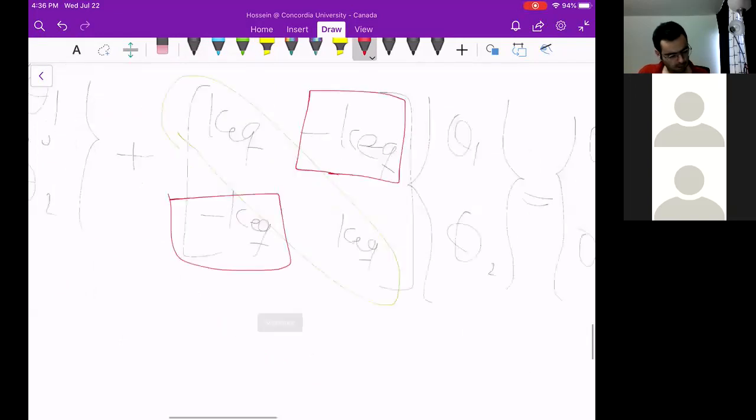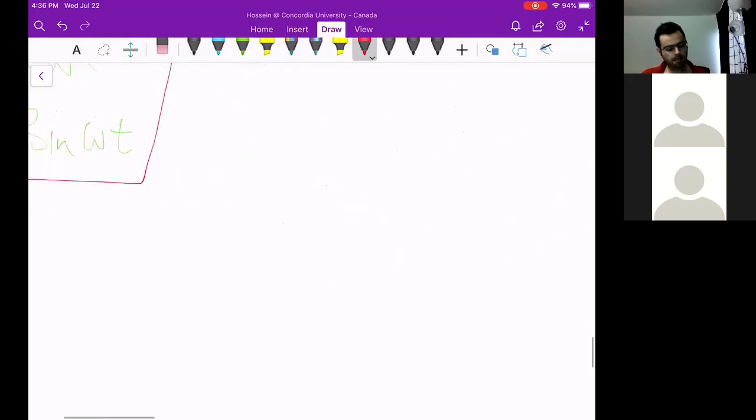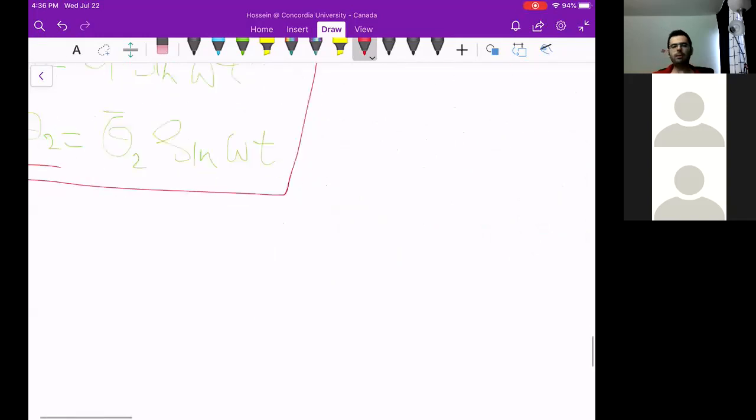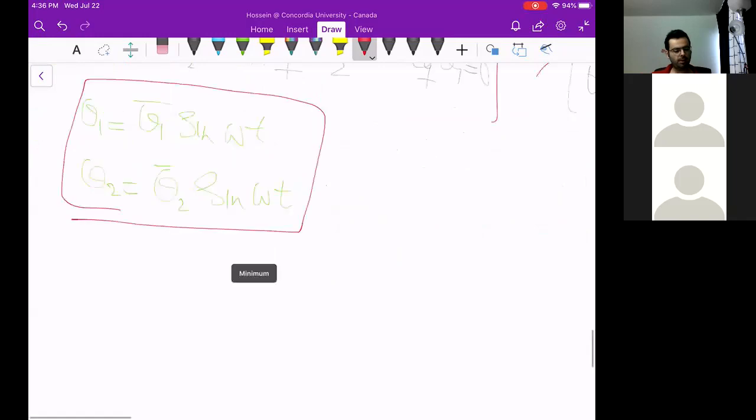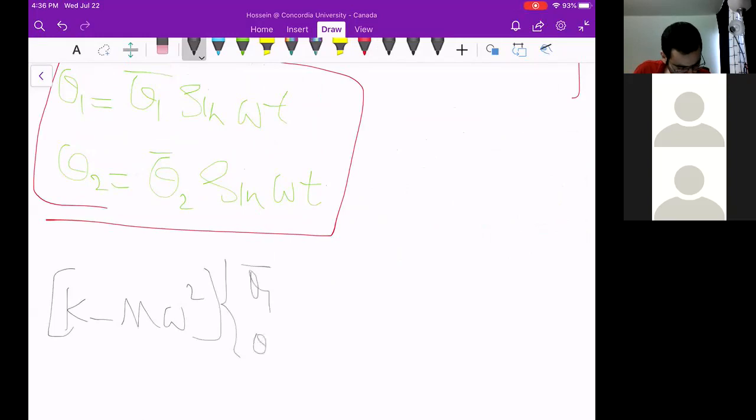And so for calculating the natural frequency, we need to make an assumption for theta 1 and theta 2 as a harmonic response. Then you would be able to further simplify it like this. If you plug in, you can construct the matrix K minus M omega squared times X, or theta, equal to 0.